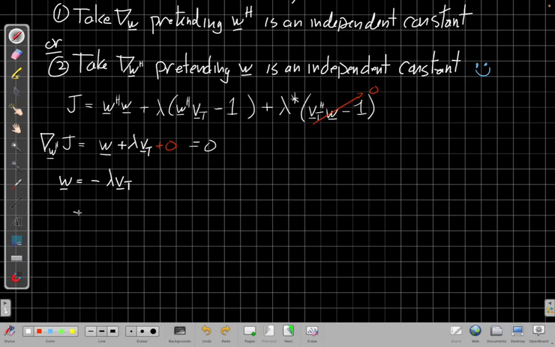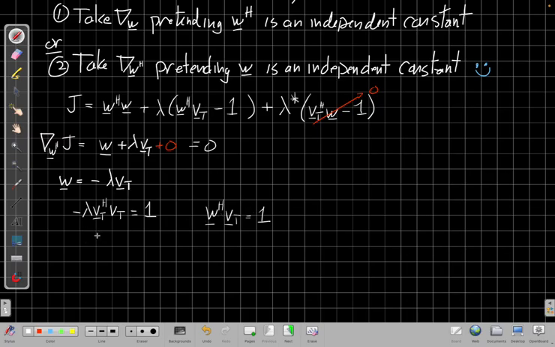So that W Hermitian becomes minus lambda V transpose Hermitian, right? That's this W Hermitian term, times another V transpose equals 1. That's the equivalent of saying V Hermitian V transpose must equal 1.